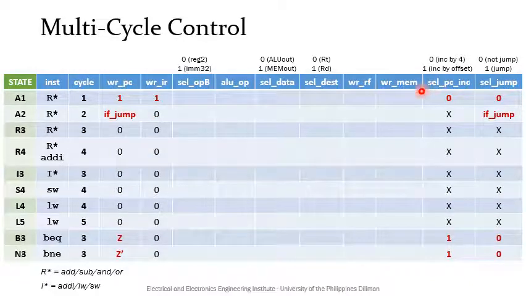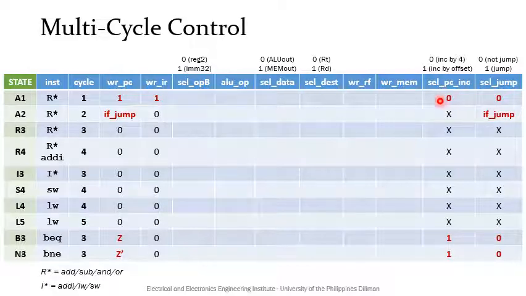At the first clock cycle, A1, select PC increment and select jump are both 0 to increment the PC by 4. At state A2, select jump is asserted only if the instruction is a jump to select the jump target address.